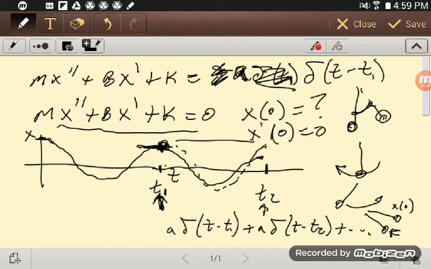Well, if that new height is like x1, well, I could solve my problem starting at 0 with my A up here times Dirac delta of t. But in this case, my x of 0 would equal x1, and get that. So that's the kind of thing I'm suggesting, is just look at that.